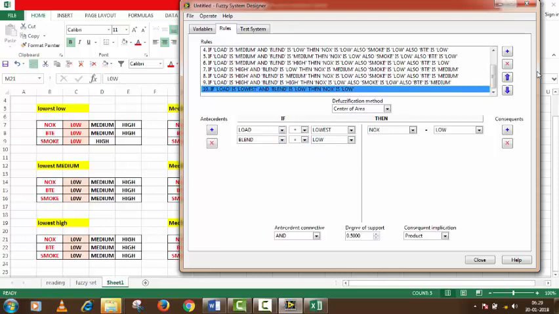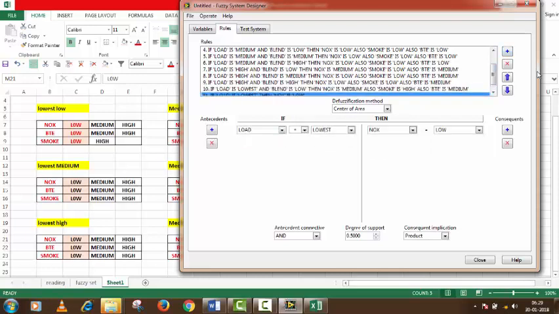First combination: load is lowest, blend is low. We can argue the consequence. So NOx is medium, smoke is high, BT is medium. 0.5. See, automatically 0.5 product is coming. Understood now?